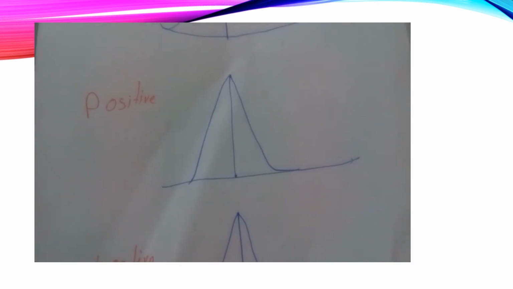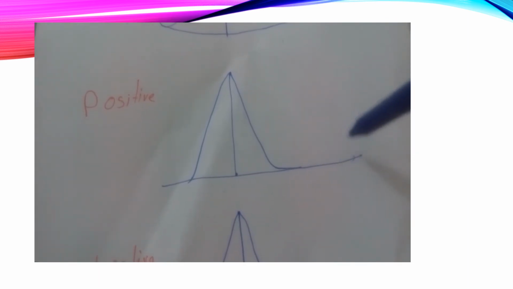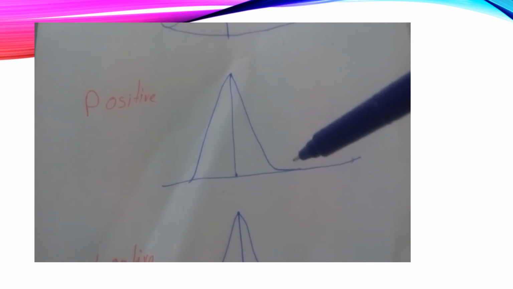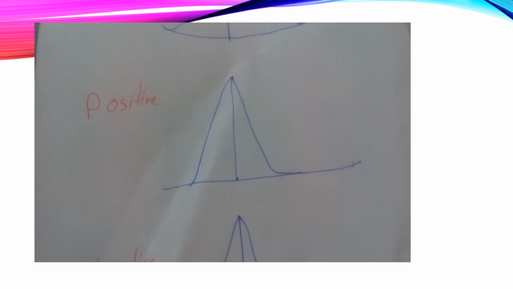And if both sides of the curve are not equal, not the same size and shape, this is called skewness. If the positive tail, the right side tail, is greater than the left side, then it is called positive skewness. In positive skewness, the mean is greater than median and mode.